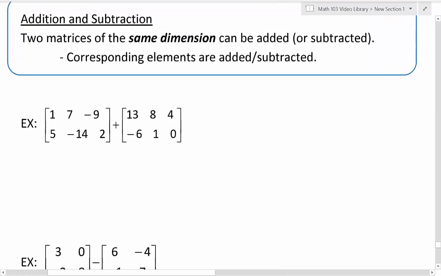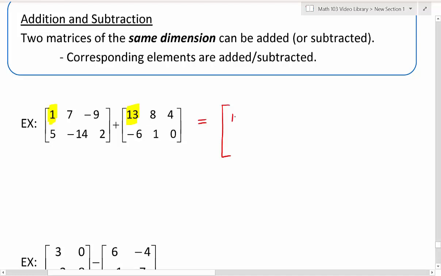Our first example is addition. The first thing I note is, yes, my matrices are the same size. And our answer is going to be the same size as those matrices as well. Now all we need to do is add corresponding entries. So we're going to add 1 and 13.